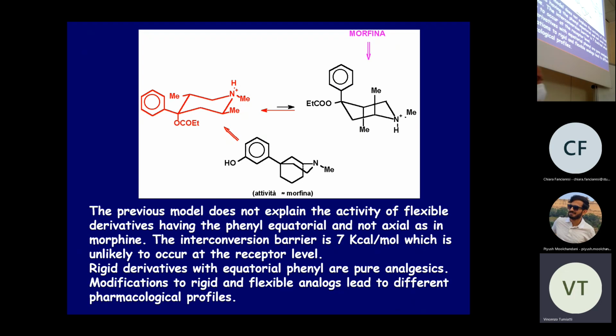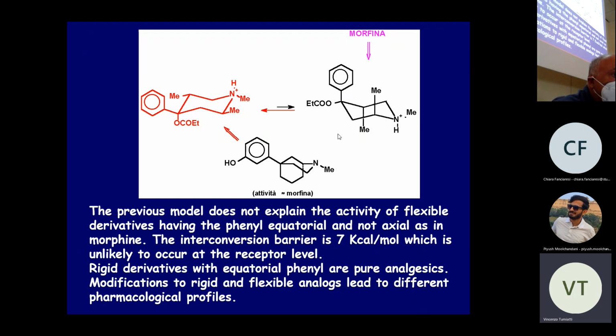But if you remember from organic chemistry, if you have a bulky group on a cyclohexane, a bulky group such as this phenyl ring, the bulky groups are not in axial position, but in equatorial position, just to limit their interaction with electronic clouds of the other atoms on the ring.